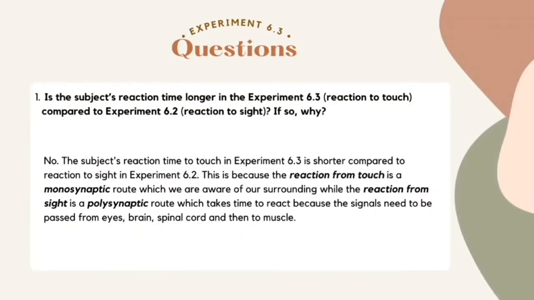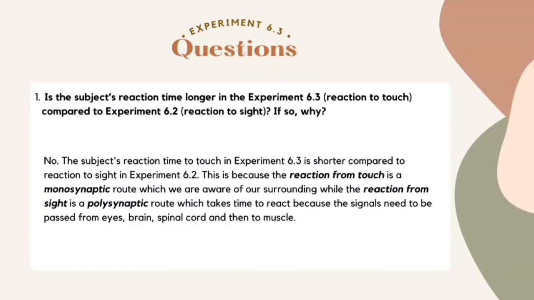Here are some questions for experiment 6.3. First, is the subject's reaction time longer in experiment 6.3, reaction to touch, compared to experiment 6.2, reaction to sight? If so, why? The answer is no. The subject's reaction time to touch in experiment 6.3 is shorter compared to reaction to sight in experiment 6.2.